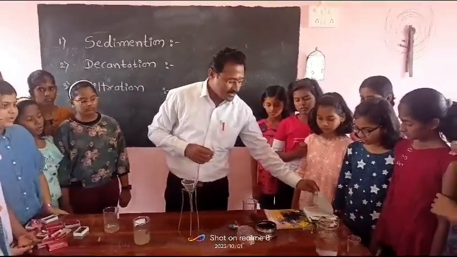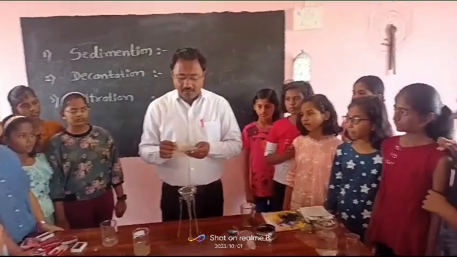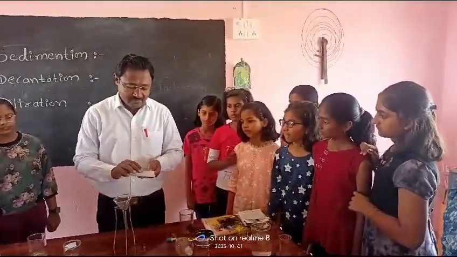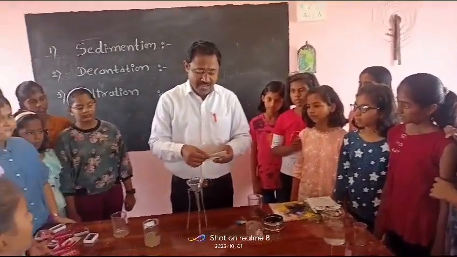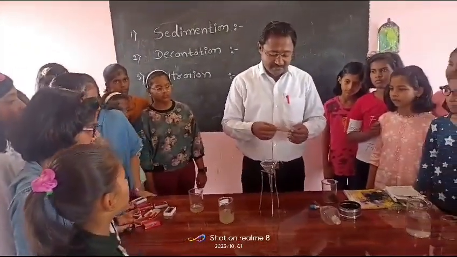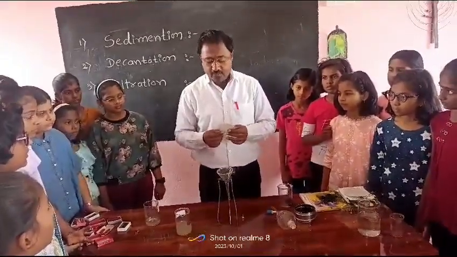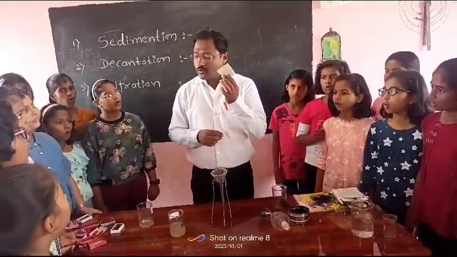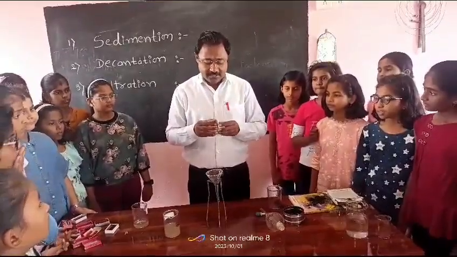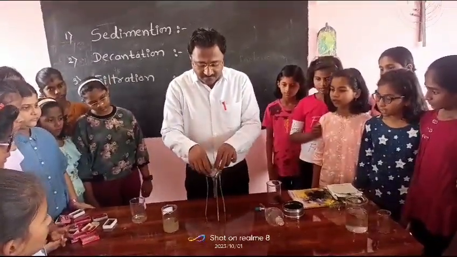Here I take a single filter paper and fold it in half, and then in half again. Now it takes a particular shape. Which shape can you see here? Cone shape.